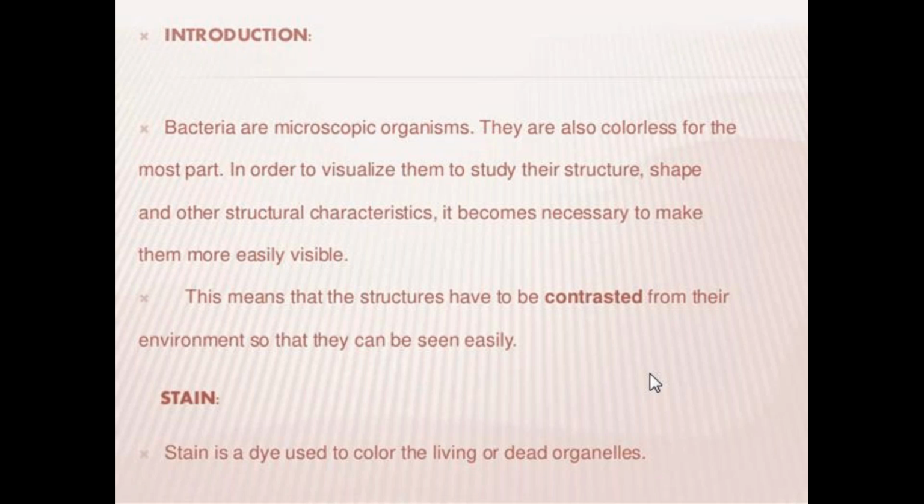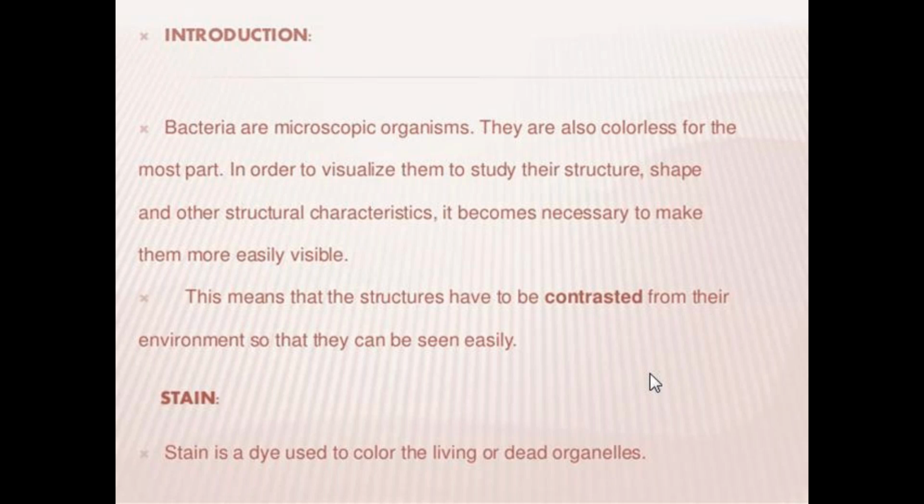A stain is a colored dye that allows the observation of microorganisms, whether living or dead, under the microscope.